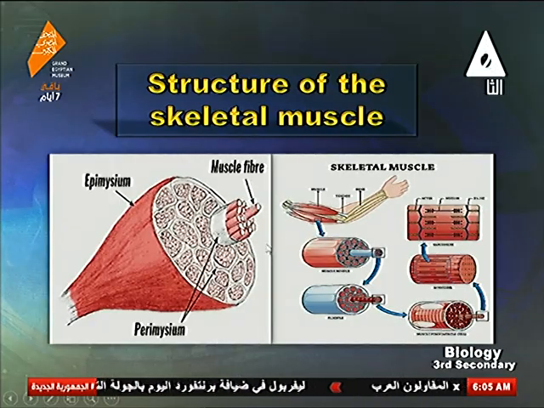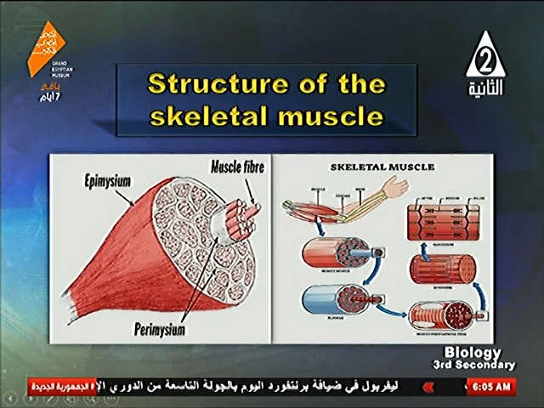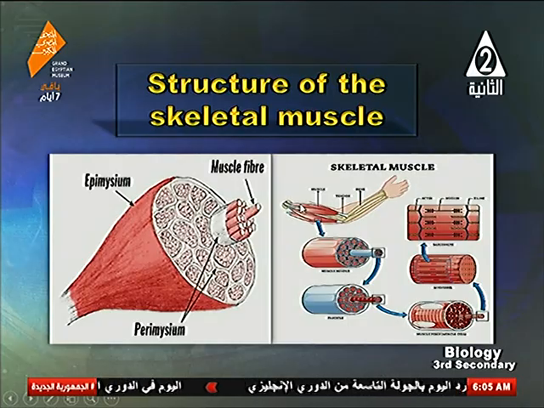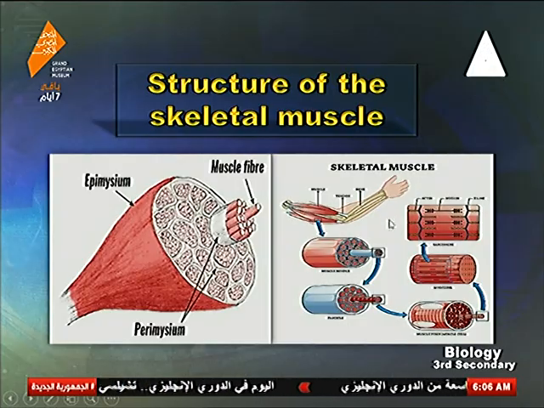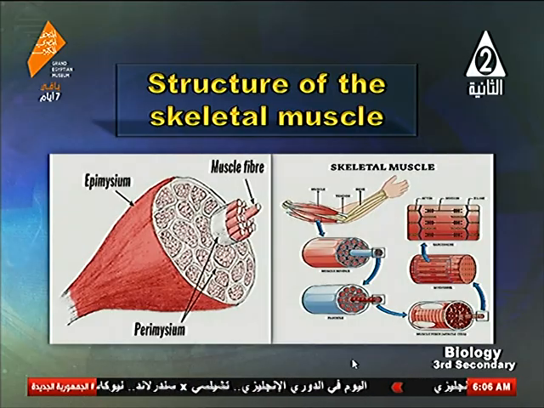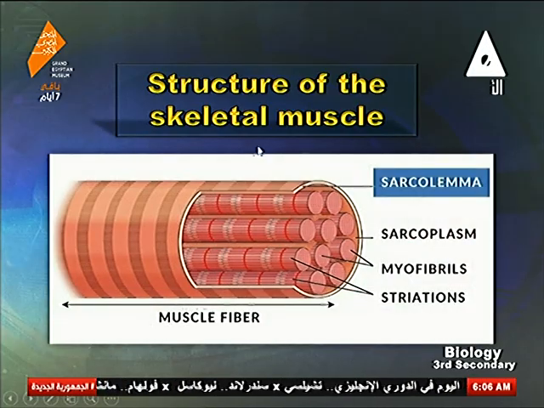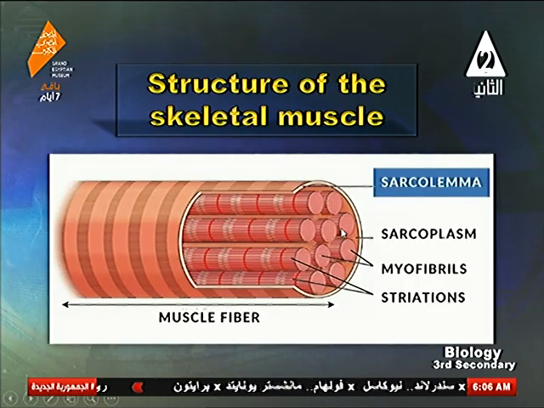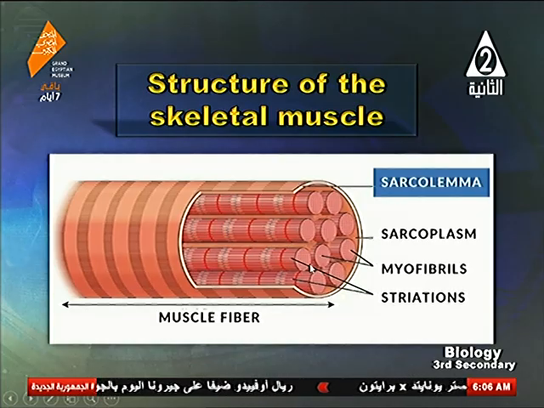okay? Each muscle fiber or muscle cell consists of protoplasm, this is the living material, which includes cytoplasm, this one, look here. This is the muscle fiber. The muscle fiber consists of protoplasm, which consists of sarcoplasm and multinuclei, okay? Sarcoplasm is the cytoplasm.